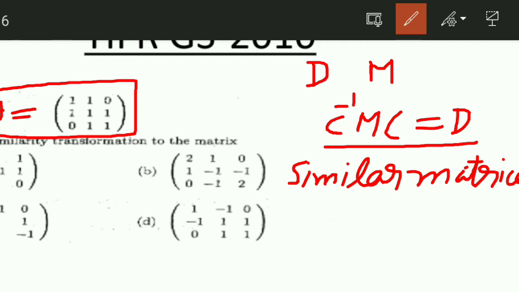Now it is not easy to see whether these matrices follow this relation or not. So to solve this question, we should use the properties of similar matrices.